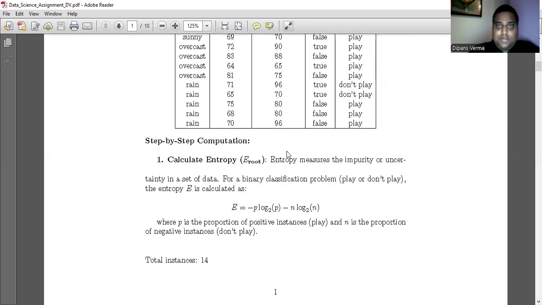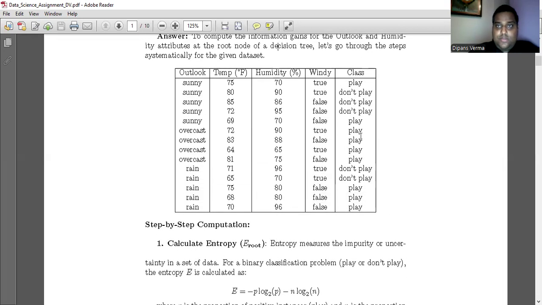Counting the number of plays: one is here, 2, 3, 4, 5, 6, 7, 8, and 9. There are 9 plays, and don't play is of course 14 minus 9, that is 5. You can check 1, 2, 3, 4, and 5. I hope everybody is getting this so far, and that it makes sense.